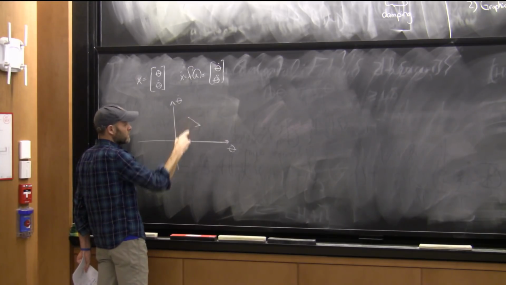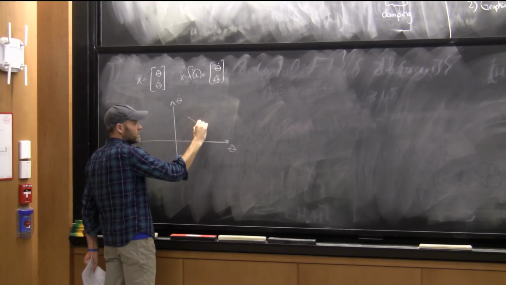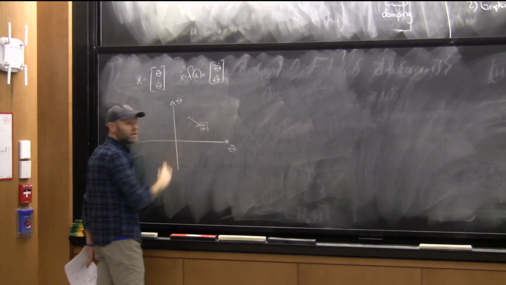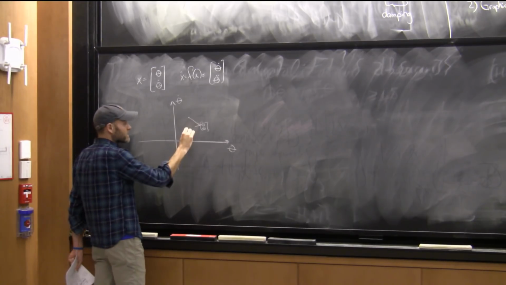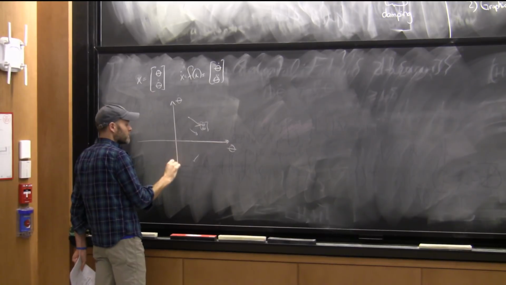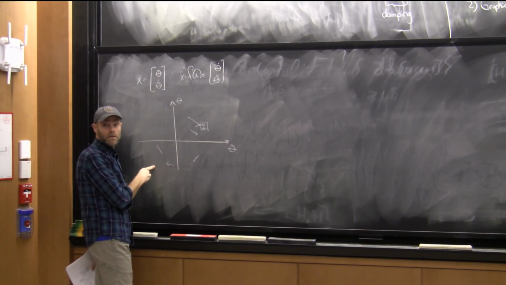So at this point, I get a vector which has direction theta dot, theta double dot. So it's a vector field, and I can draw this all over the board. And for every point of the function, I can draw a vector.